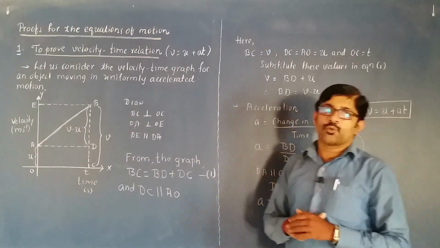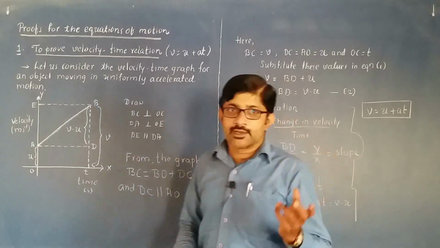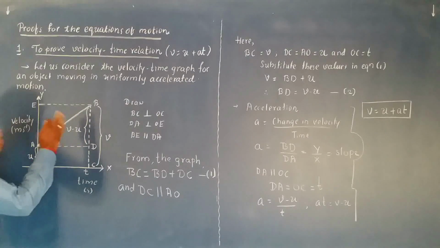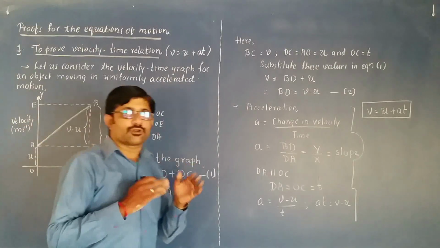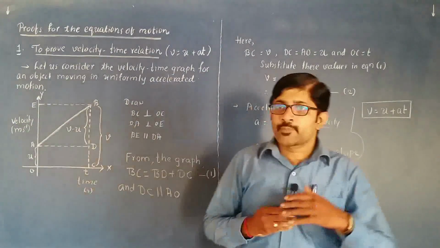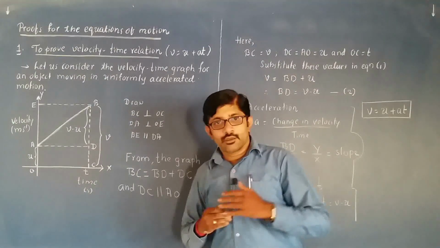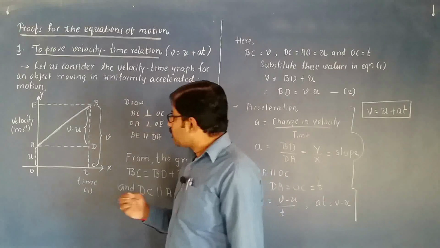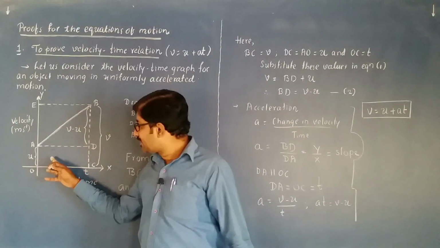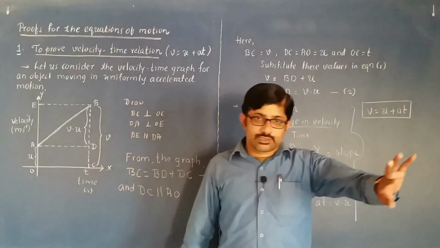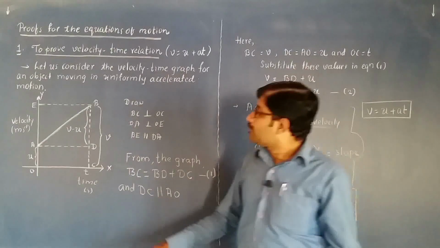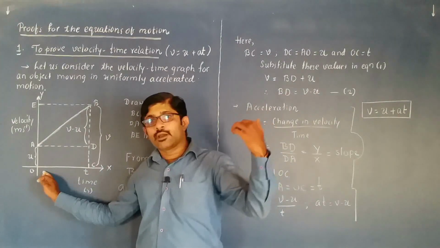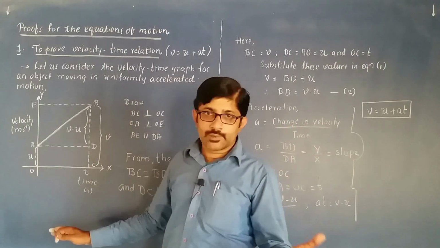Let us try to summarize what we have done. We took the velocity-time graph for an object in uniformly accelerated motion. We made one assumption: that the object is already in motion. We are not taking it from the origin, assuming it has some velocity already.